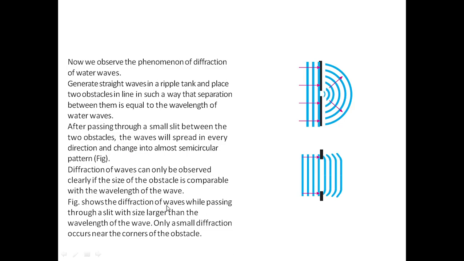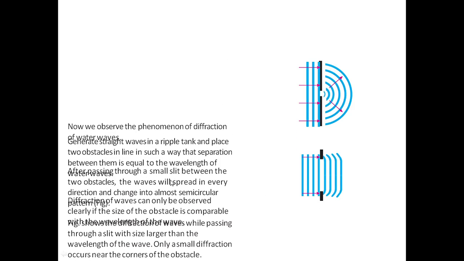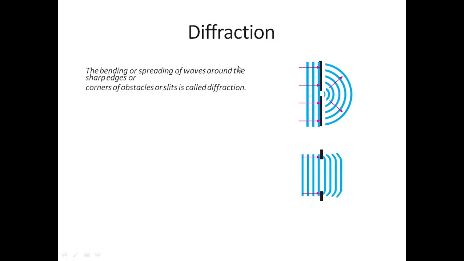The figure shows the deflection of a wave while passing through a slit with size larger than the wavelength of the wave. Only a small deflection occurs near the corners that we can see over here. Small deflection occurs, but most of the wave passes through easily. This phenomenon is known as diffraction. The bending or spreading of a wave around a sharp edge or corner of an obstacle or slit is called diffraction.